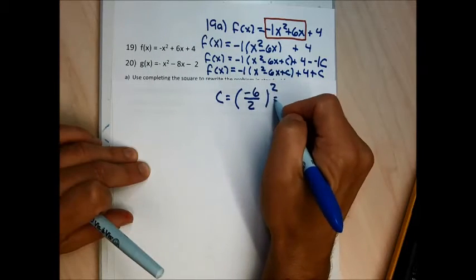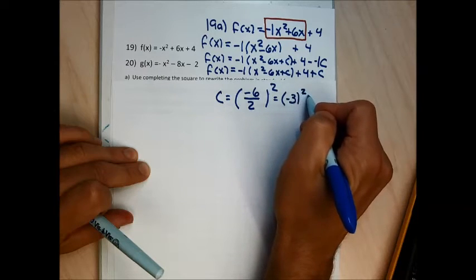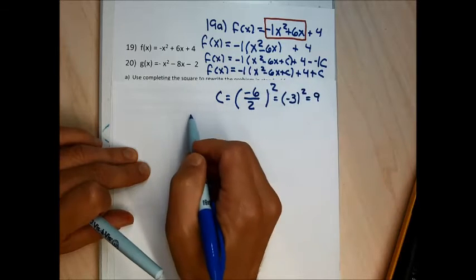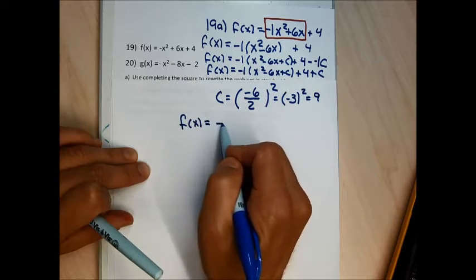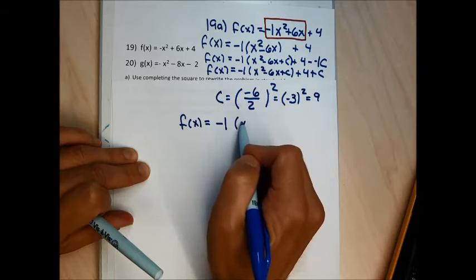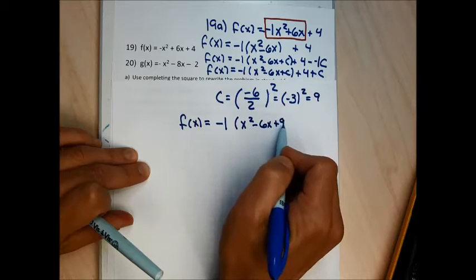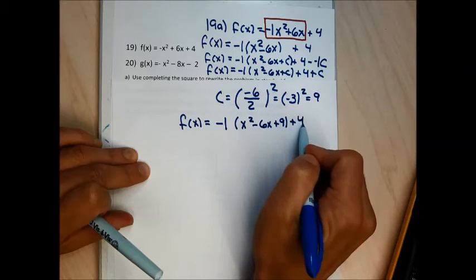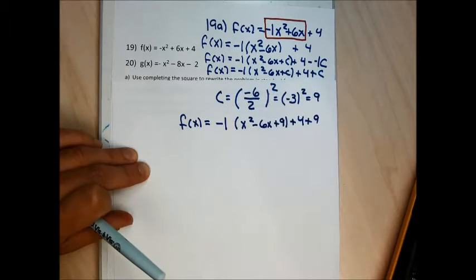So c is going to be negative 6 over 2, squared, which is negative 3 squared, which is 9. So I'm going to rewrite this problem now by replacing those two c's. I'm going to get negative 1 times (x squared minus 6x plus 9) plus 4 plus 9, changing that c and that c to a 9.